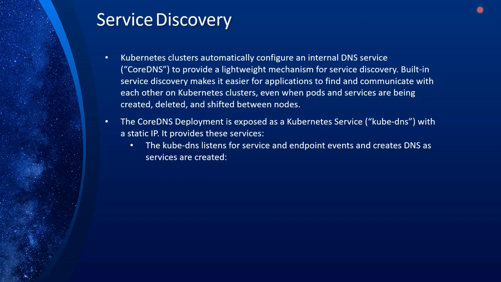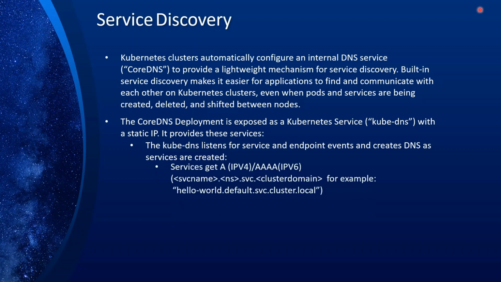So again, it's a service that watches as the services are created or deleted and accordingly adds or removes DNS records for those services. Each service gets either an A or quad A record, depending on whether we are using IPv4 or IPv6.